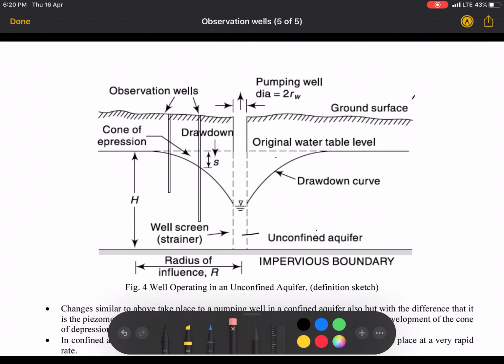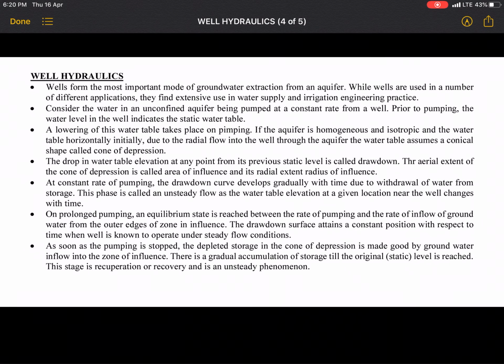So let us check what is written over here. A well forms the most important mode of groundwater extraction from an aquifer, as I have told. This is all about what we have discussed till now. A lowering of the water table takes place on pumping if the aquifer is homogeneous and isotropic, and the water table is initially horizontal.